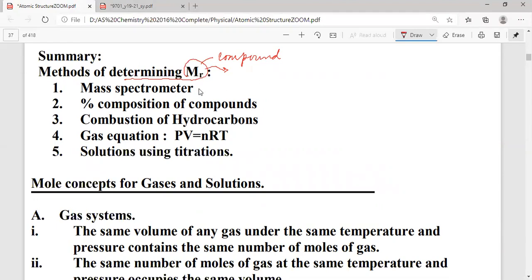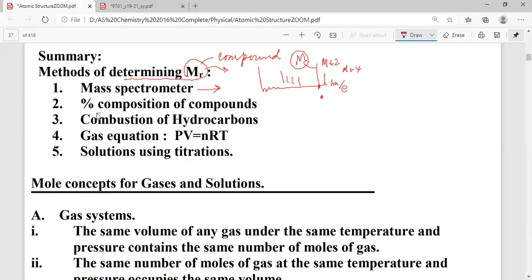We did it by mass spectrometer. This is the spectrum, the longest one is capital M. I told you there's M plus 2, sometimes M plus 4 is here. The last line, or the heaviest line, is the molecular mass normally. The others here are fragments.